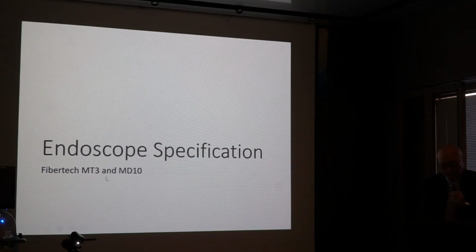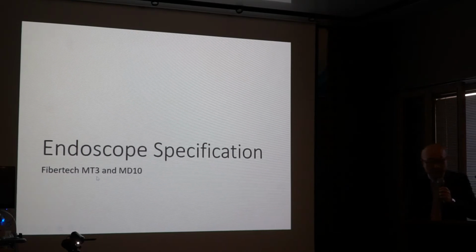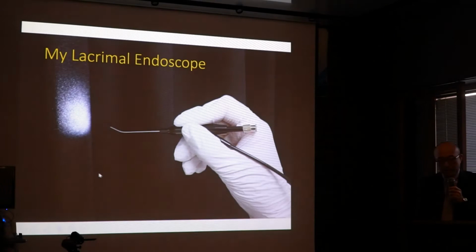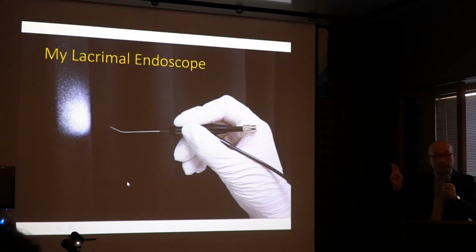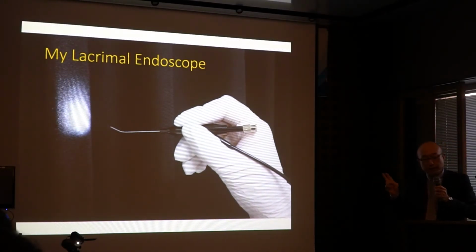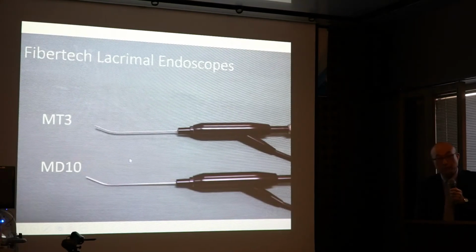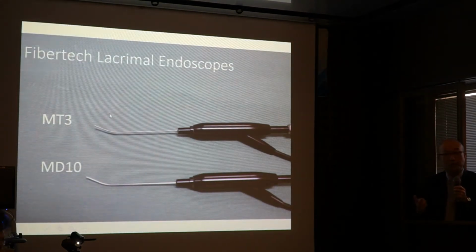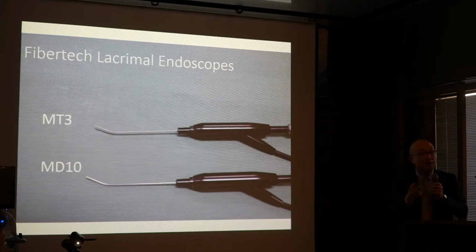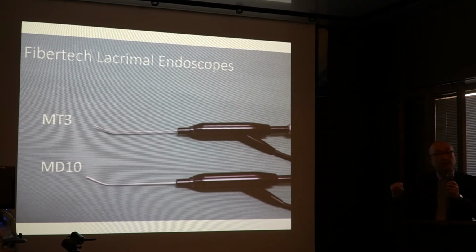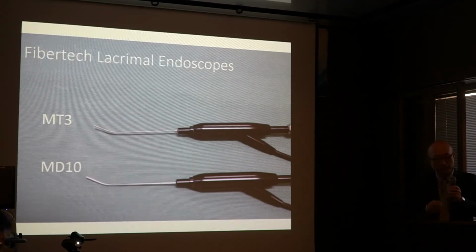In this section, I'm going to talk about lacrimal endoscope specification. I developed this endoscope in 2001, and the governmental approval was given in 2002. Now we have two models. Exactly speaking, there's another lacrimal endoscope which has the stretch probe, but usually we use these two types.